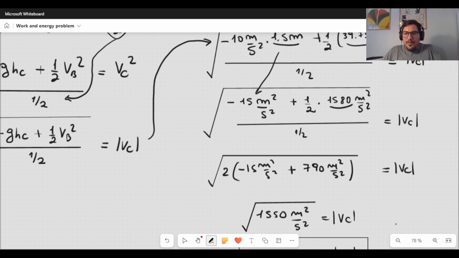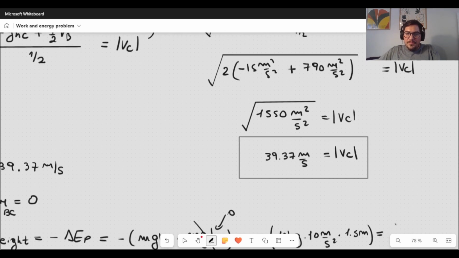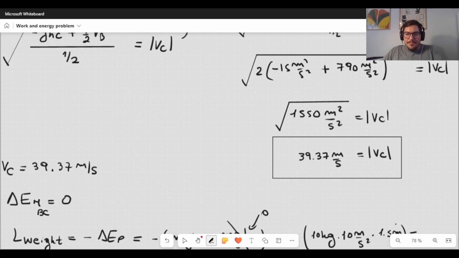And we have a 1/2 dividing. To divide by 1/2 is the same as to multiply times 2. So we have 1/2 times 1580 is 790 minus 15 times 2 is 30. And the square root of this number is 39.37 meters per second. And that is the final velocity, velocity c.